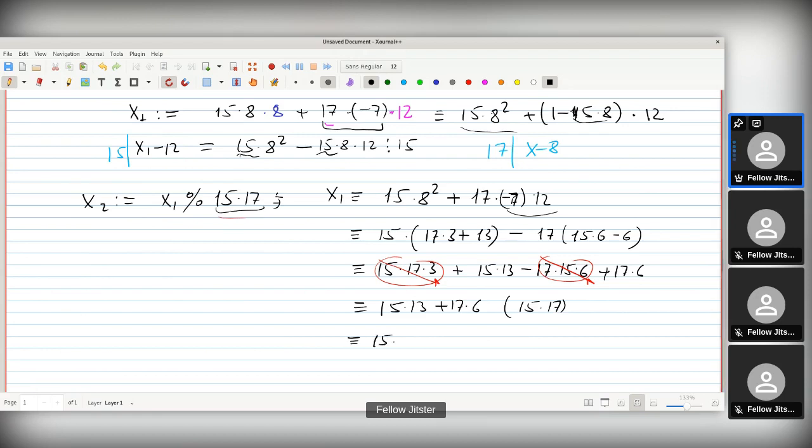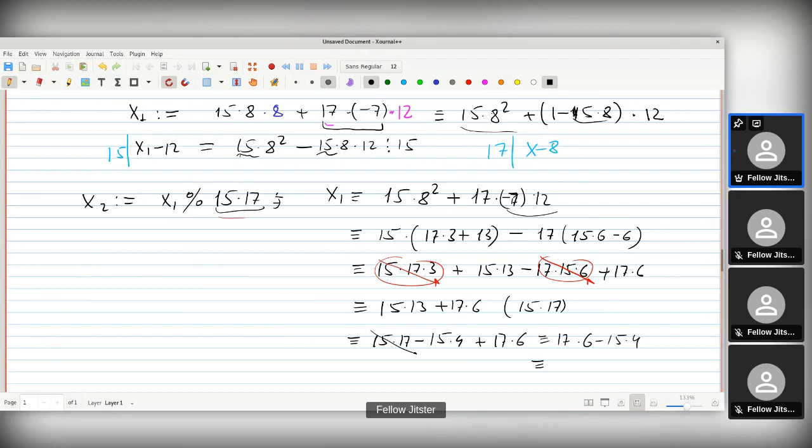It is 15 multiplied by 17 minus 15 multiplied by what? By 4. Do you agree? Yeah. This is still 0. So we have 17 by 6 minus 15 by 4.